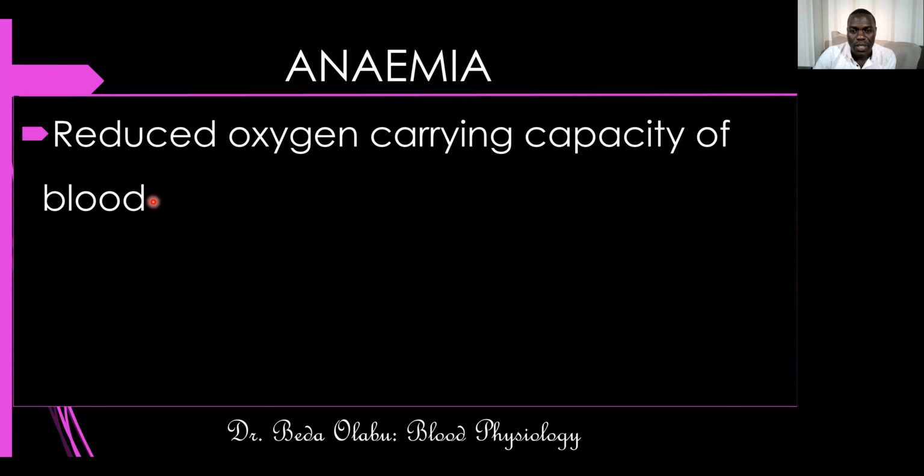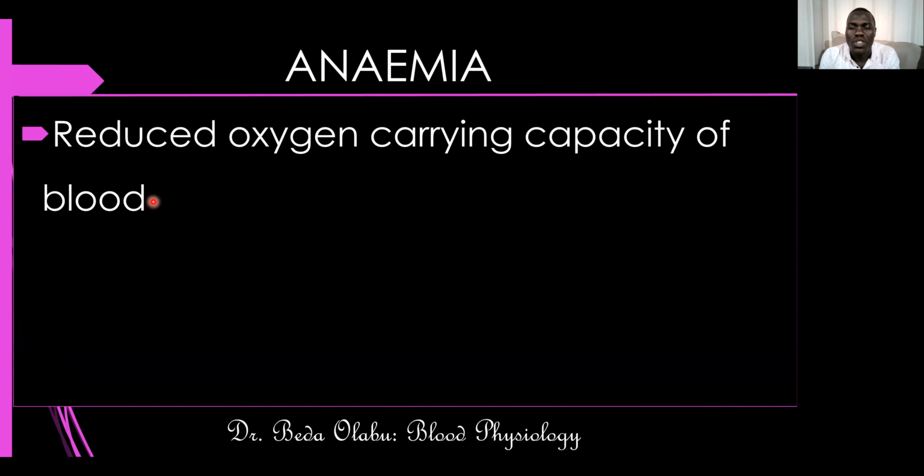If the blood has a reduced oxygen carrying capacity, then we call that anemia. What will make the blood have a reduced oxygen carrying capacity could be multiple. Therefore, there are multiple causes of anemia.